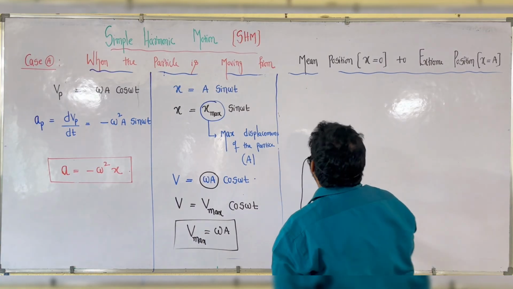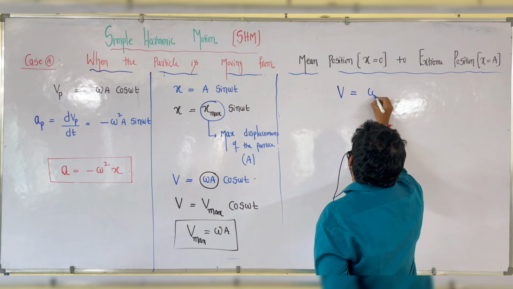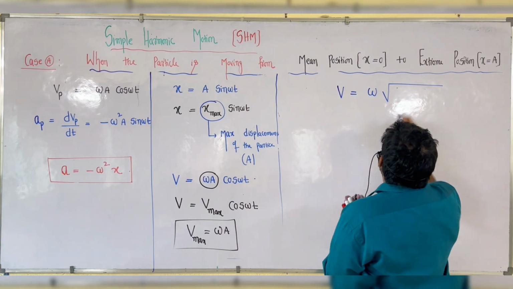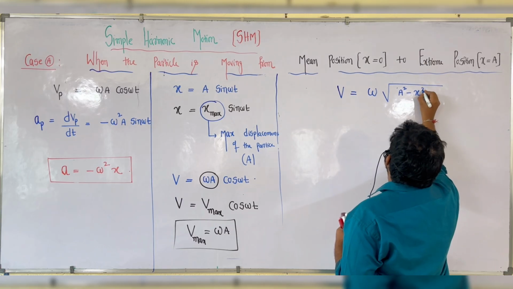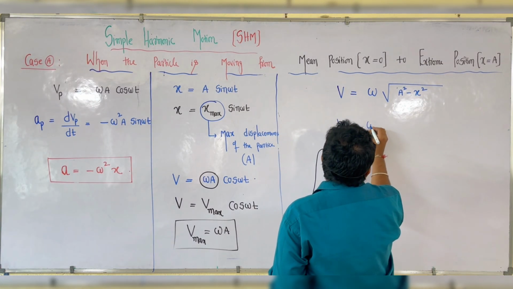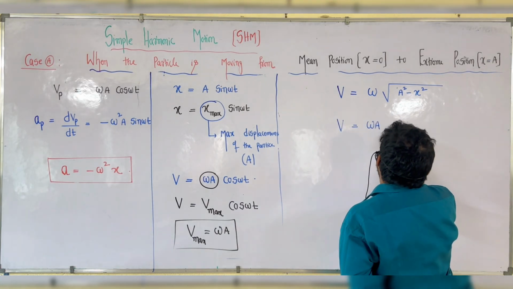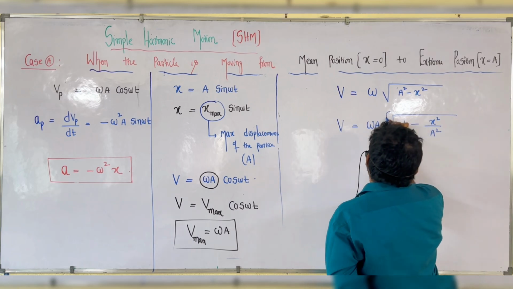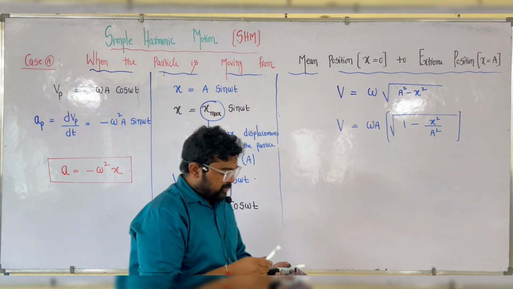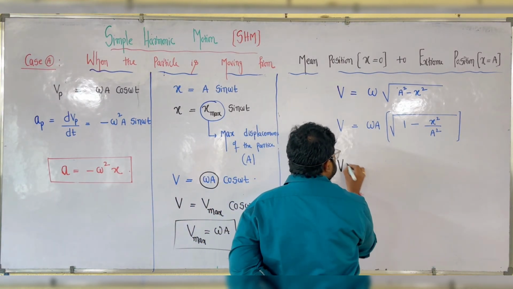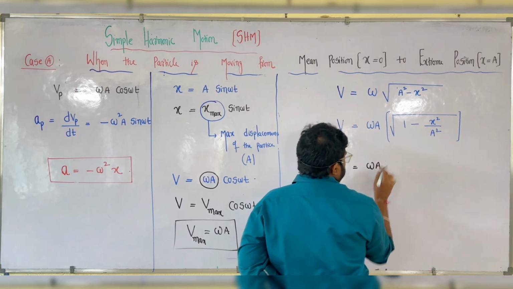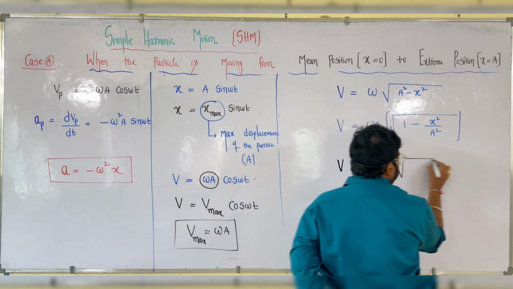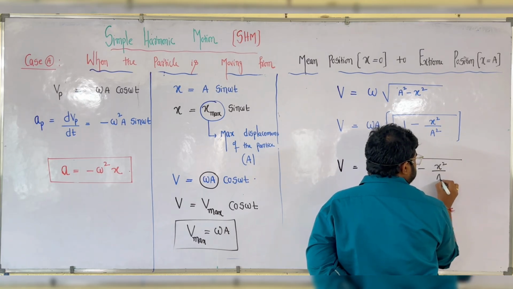See here, we can write another way: v equals omega into square root of a square minus x square, which is omega a into square root of 1 minus x square by a square.